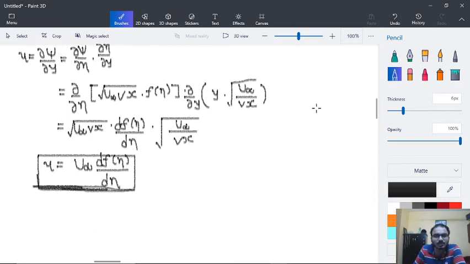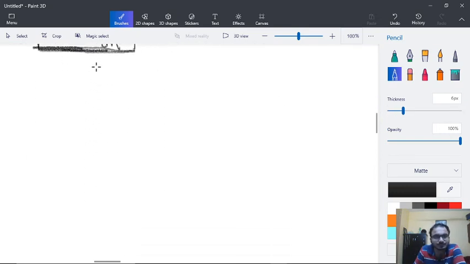Now we will do the same process for the velocity in y direction, that is v. V can be written as minus del psi over del x.